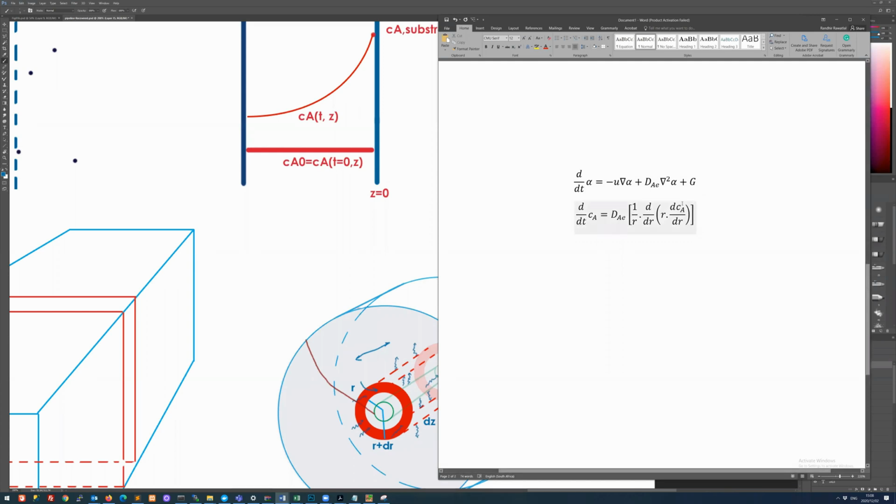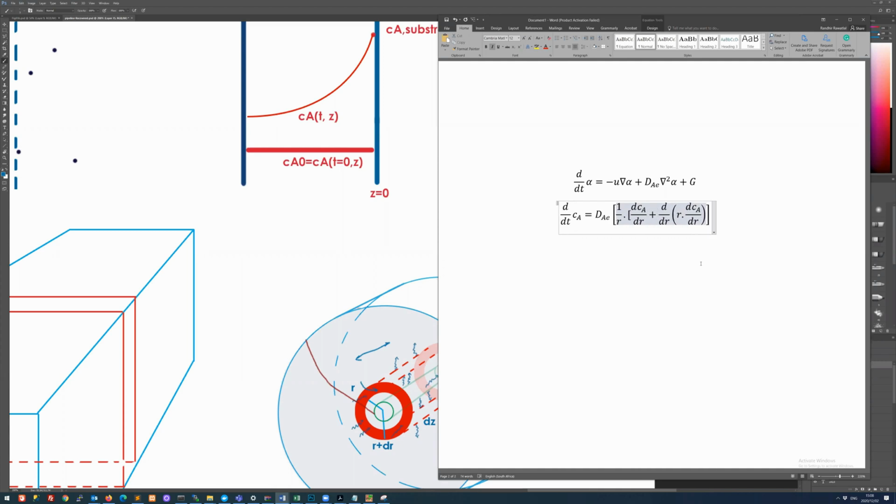And you can, if you want, expand this derivative. If you differentiate this, you can see both of these are functions of R. You've got R and dCdR. So you can expand this by differentiating the R and leaving the dCdR part, so you get dCA/dR.